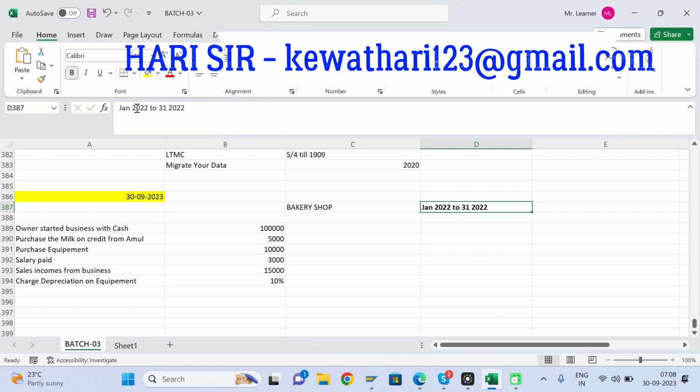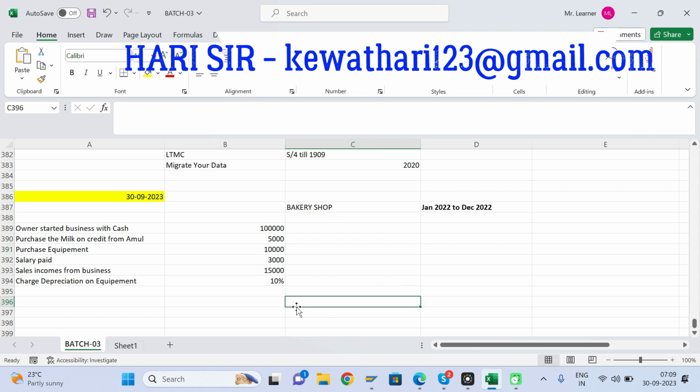Okay. Now for this fiscal year, you have to prepare the profit and loss account, and you have to prepare the balance sheet, to know what profit the owner is getting from the bakery shop and what his balance sheet position is.